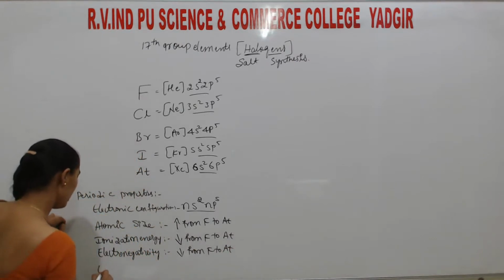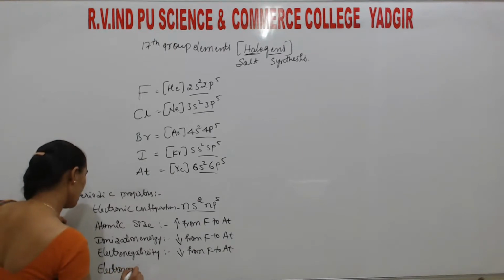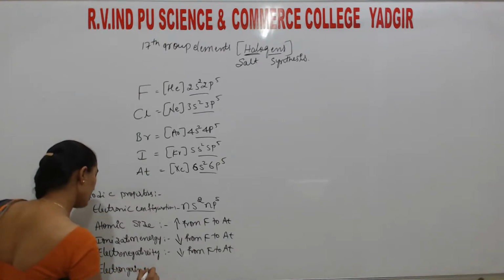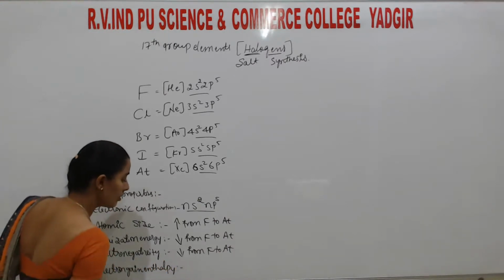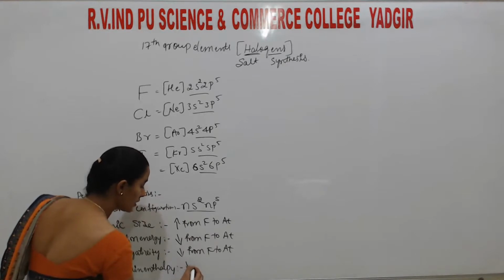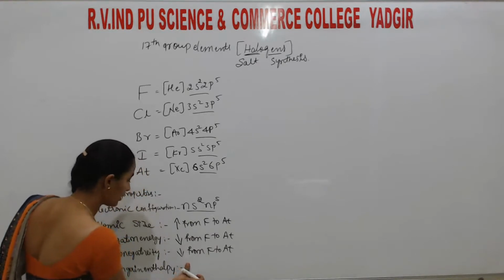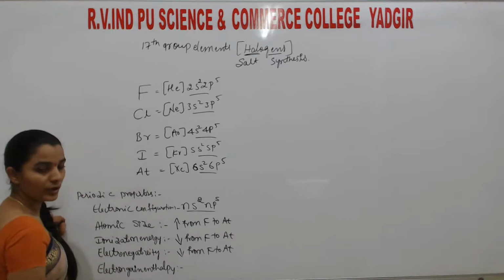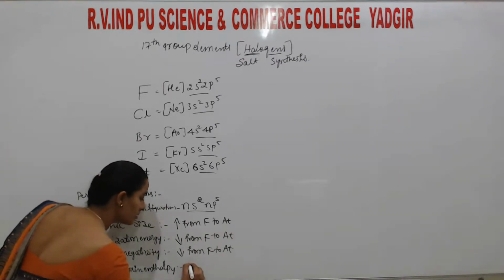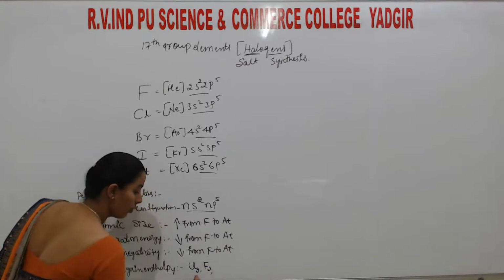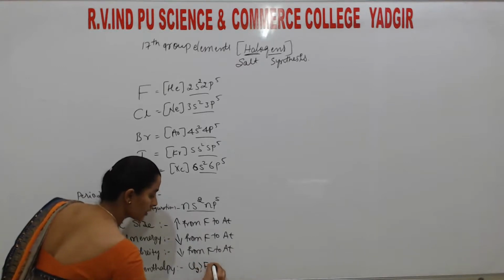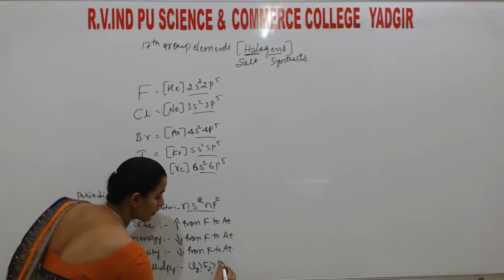Next, electron gain enthalpy. This changes somewhat, friends. Listen, it does not simply decrease from fluorine downward. It follows the order chlorine greater than fluorine, then bromine, then iodine.